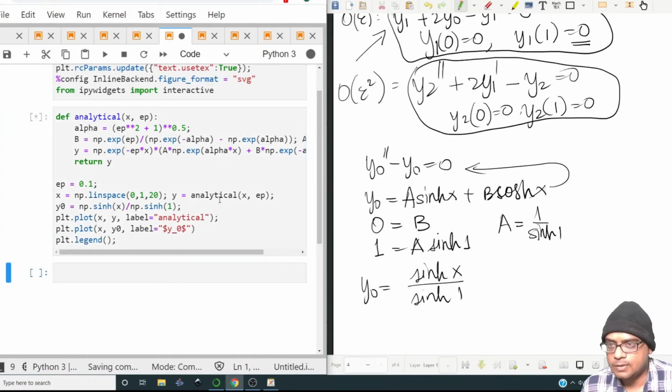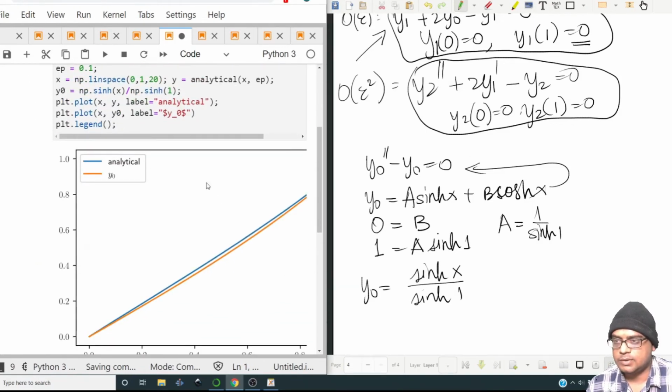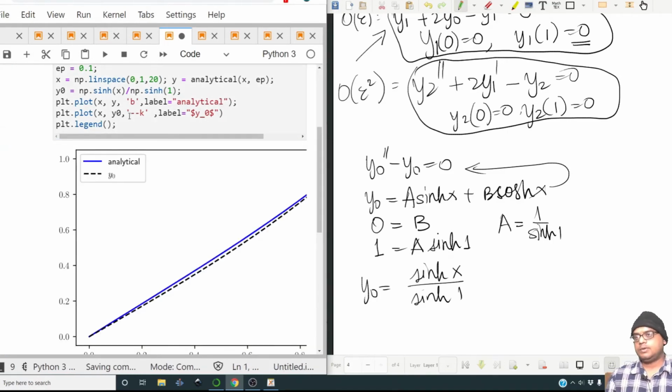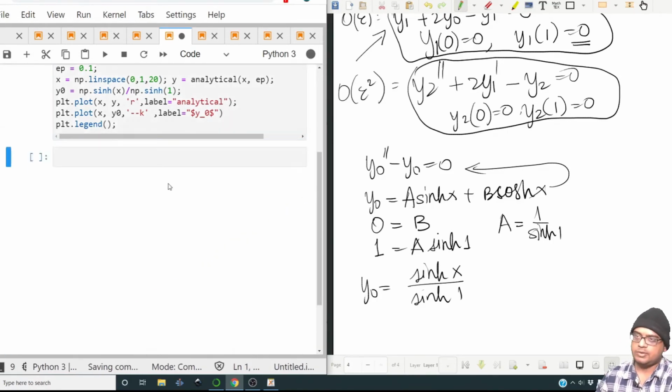Right? So let's see what we have. Not bad. Let me change the line style to make it a bit more apparent. The leading order solution we're going to show as a broken black line, and this solution we're going to show as a red line.